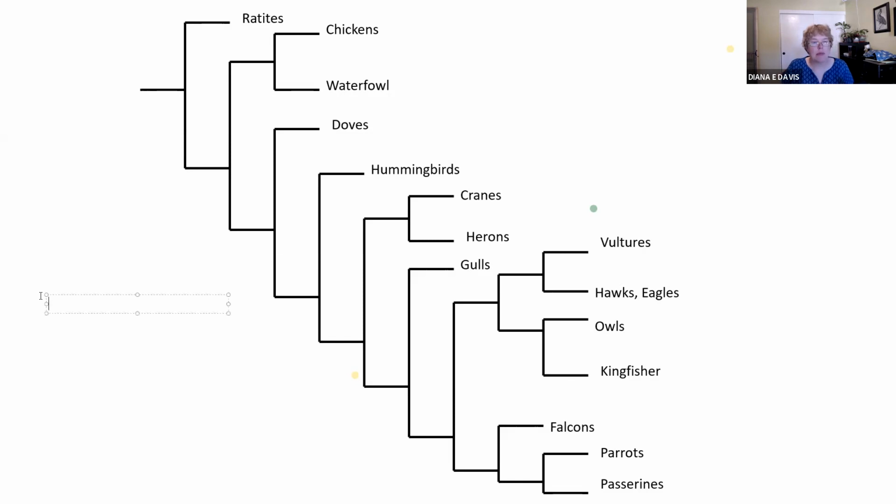When we talk about birds, there are around 10,000 species that we've recognized and described, and they're divided into between 20 and 40 groups. We are not going to talk about all of the different groups. We're going to focus in on the most common groups and the groups that you're most likely to be interacting with.